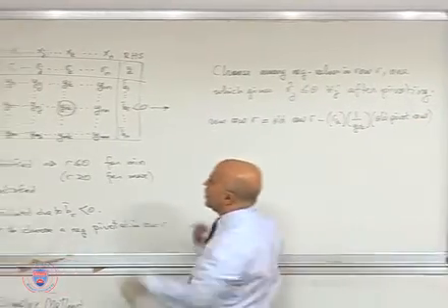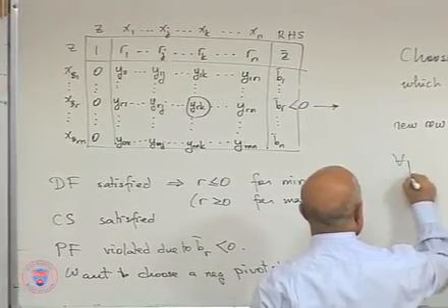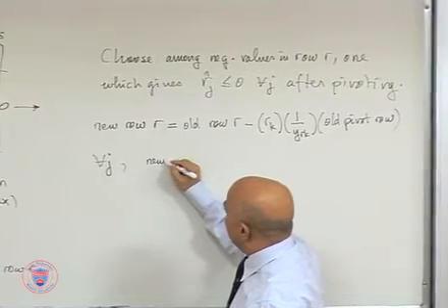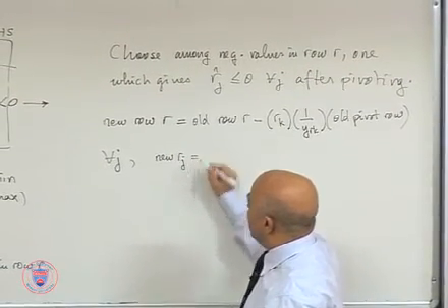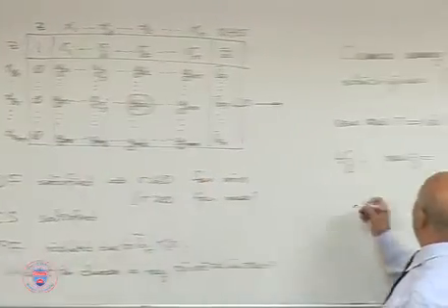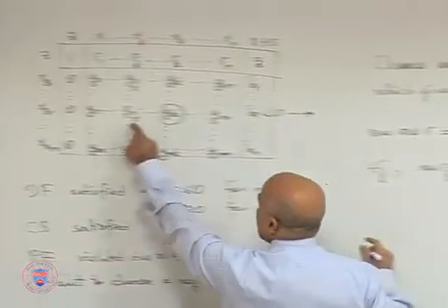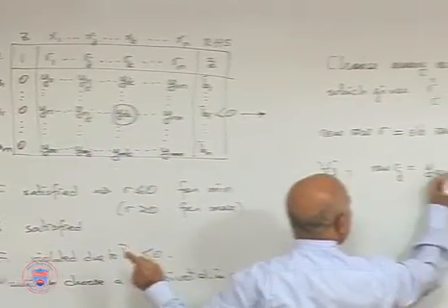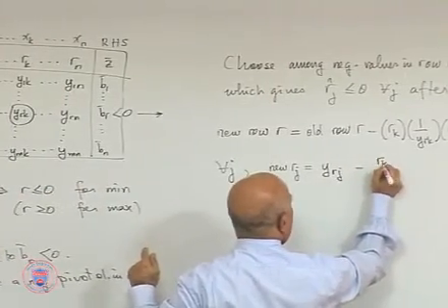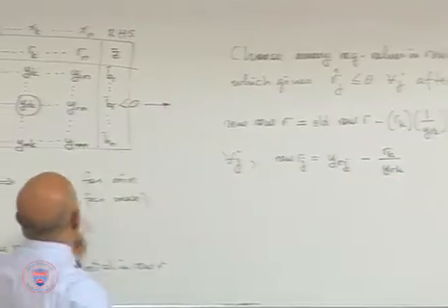So if you look at the jth element here, so for every j going from 1 to n, we're just looking at a particular element here. The new Rj will be the old row R element, which is Rj, right? Minus Rk times 1 over Yrk times Yrj.